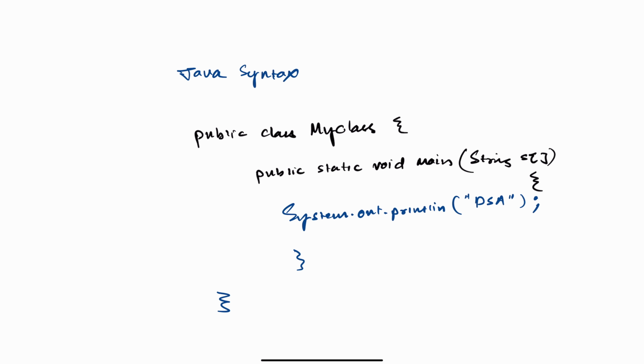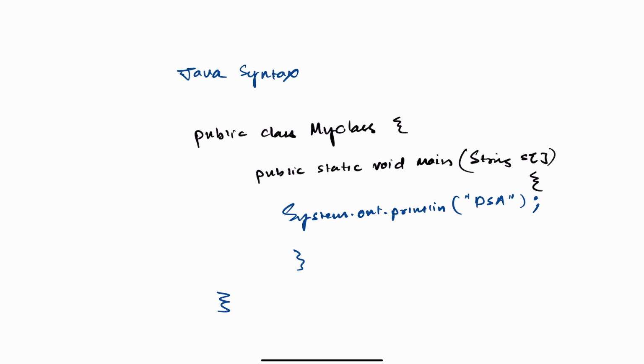First pay attention to this statement, because this program has only one statement. What is that? System.out.println. Every statement should end with a semicolon. So whatever command lines you are writing, they should end with a semicolon. If you miss the semicolon, then it is going to be a compiler error.